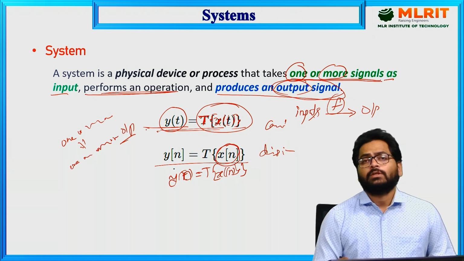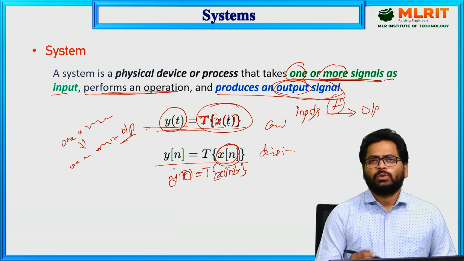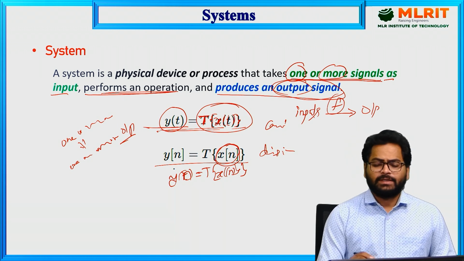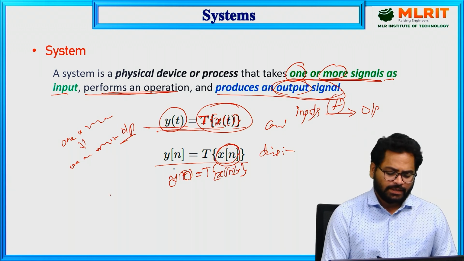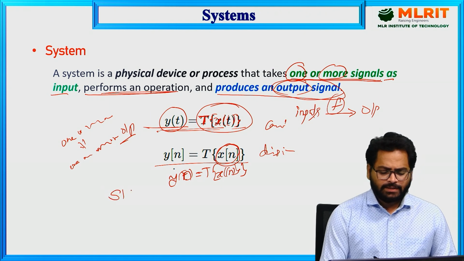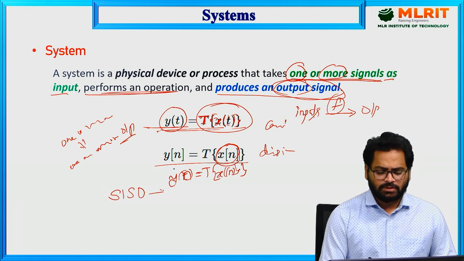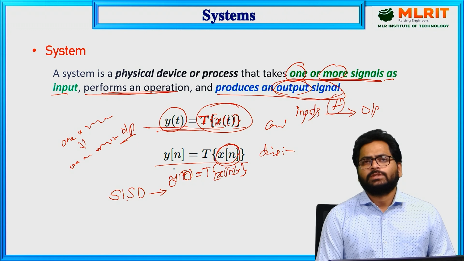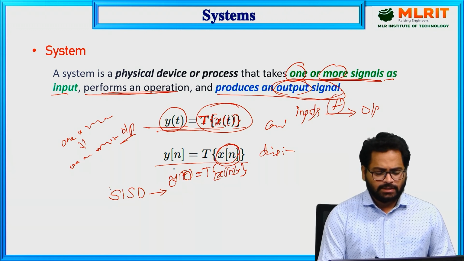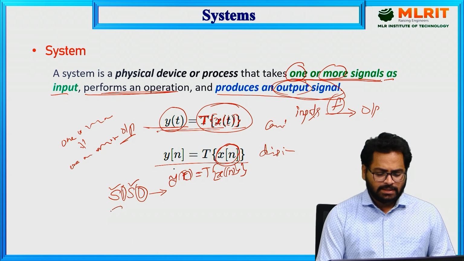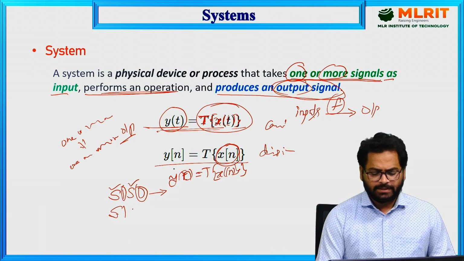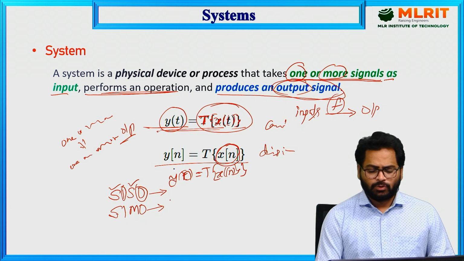If we take only a single input and a single output, then this is called a SISO system. It will take only a single input and give a single output. Similarly, it can take a single input and give multiple outputs. Single input and multiple outputs is the first kind.